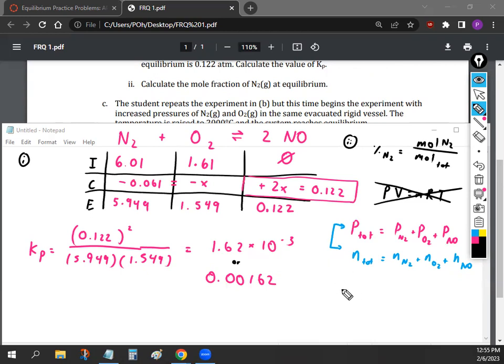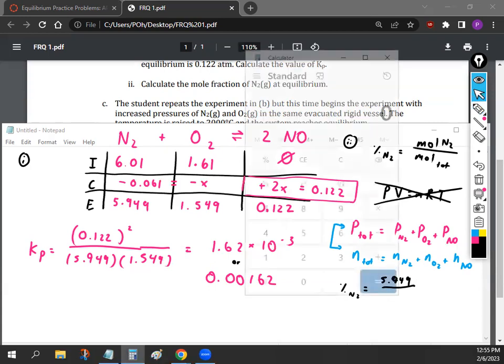All right, so for the mole fraction, the percent N2 is going to be equal to the moles of N2, which is going to be equal to the pressure. So 5.949 divided by the total. So you're going to add up all three of these. I need my calculator. 7.6.